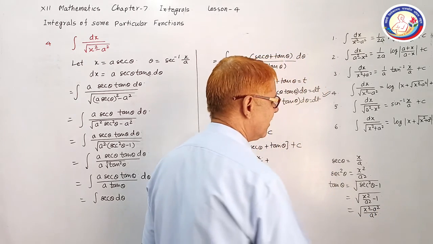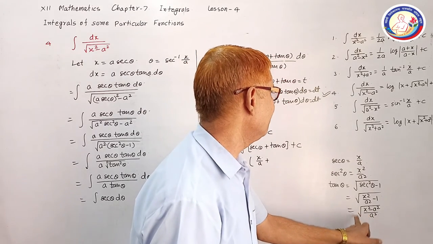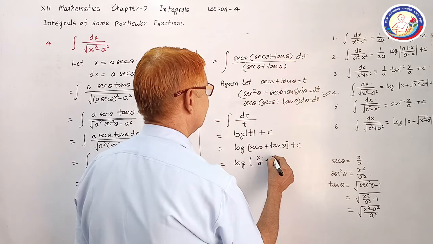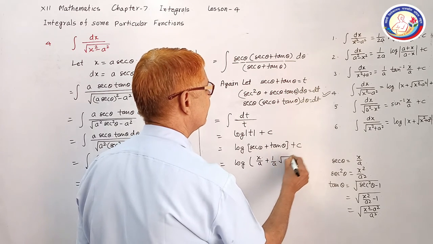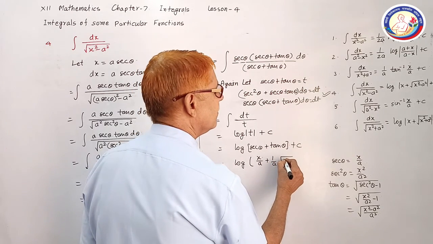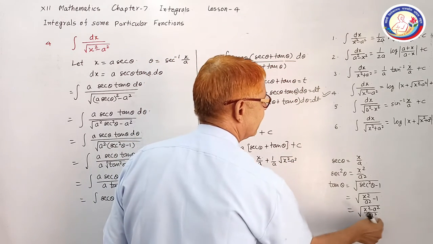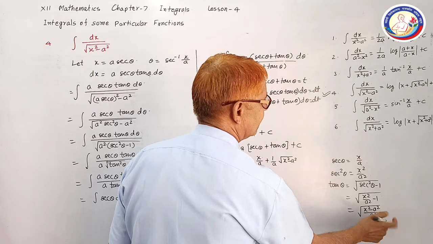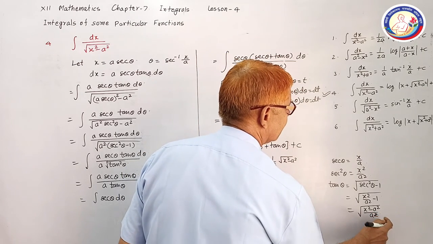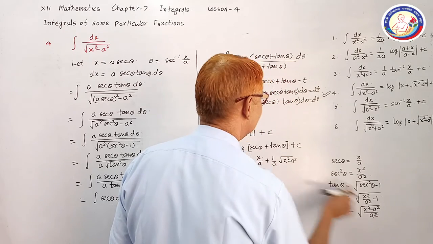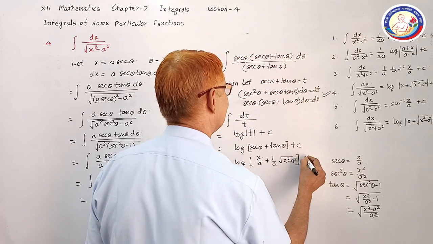And if we take a square outside, it will be 1 upon a into square root of x square minus a square. So I am writing it here 1 upon a square root of x square minus a square. I am taking it outside and making the power half. 2 into 1 by 2, that is 1 plus c.